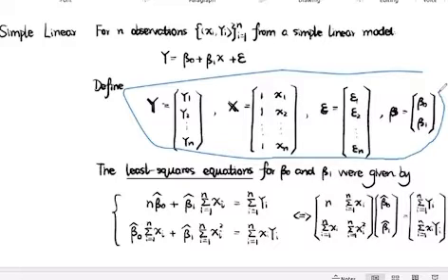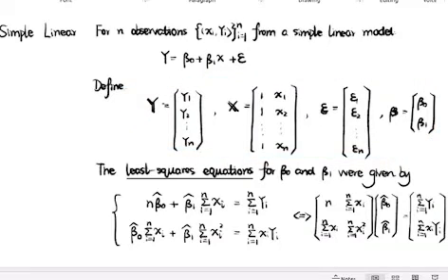X is always going to have 1, 1, 1, 1 because of the constant. The dimension of the error is going to be the same as the dimension of Y. And the beta there is a parameter vector, telling you we have two parameters to estimate, beta naught and beta one.